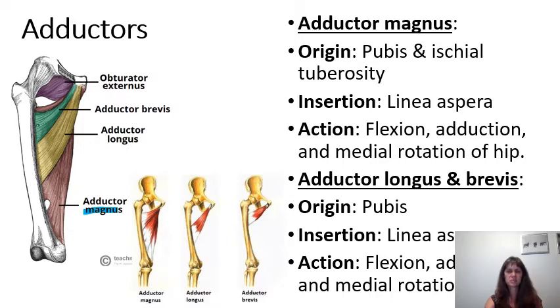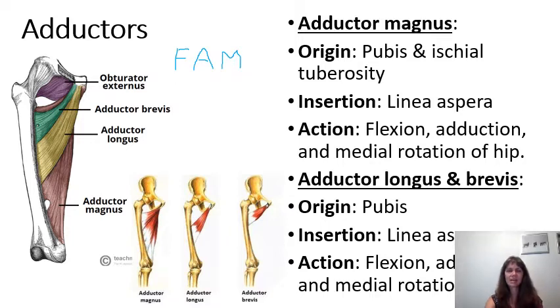These muscles all flex, adduct, and medially rotate the hip. I refer to these muscles, to help me remember what they do, as FAM muscles, which stands for flexion, adduction, and medial rotation.